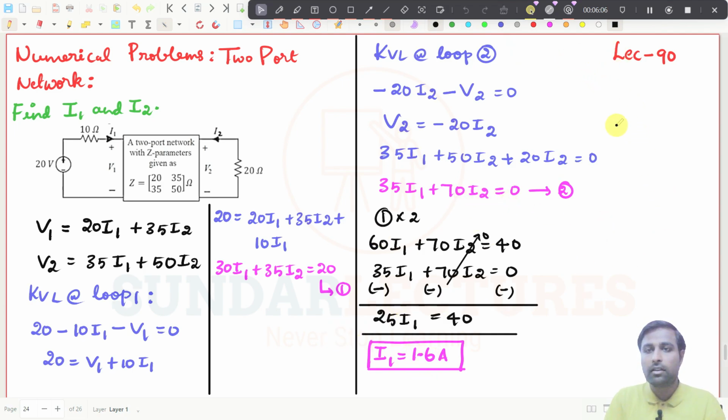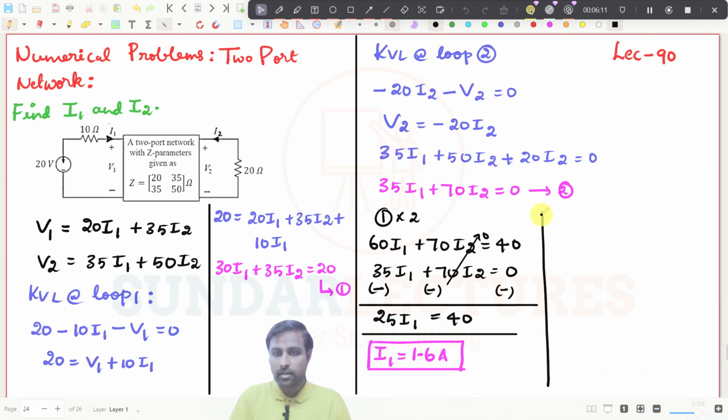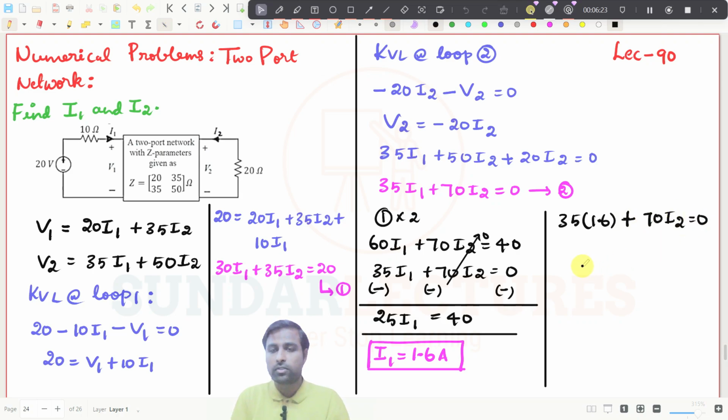Maybe I will take this to the other side. I will write here: 35 into 1.6, plus 70 I2, which is equal to 0. If you simplify this, you will get 56, and that will be equal to minus 70 I2.